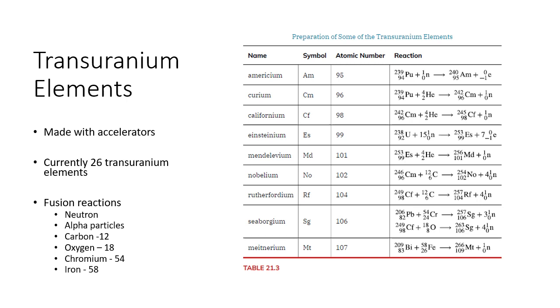For example, for nobelium, right in the middle there with an atomic number of 102, you have to take californium, which is already a transuranium element, and smash it into carbon-12. So this is not a trivial task, and we're interested to see what happens because we're filling out the periodic table, but also we get a new appreciation for how the sun works when we do this, which is kind of cool.